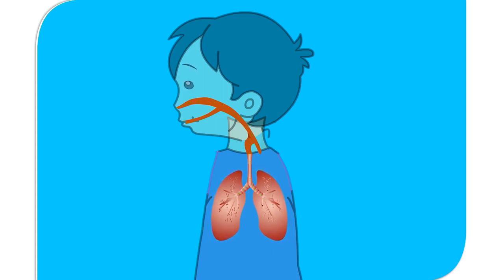When we breathe air out, the intercostal muscles relax, the ribs move downwards and inwards, and the diaphragm relaxes and moves upwards to its original position. This decreases the space in the chest cavity and the air rushes out of the lungs.